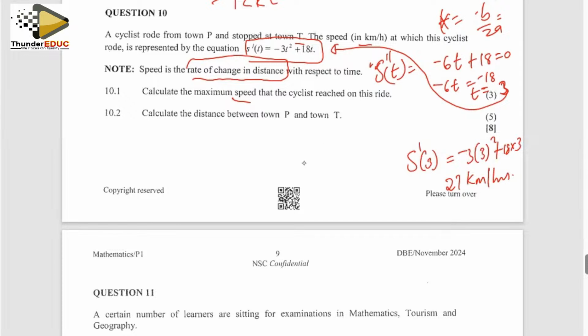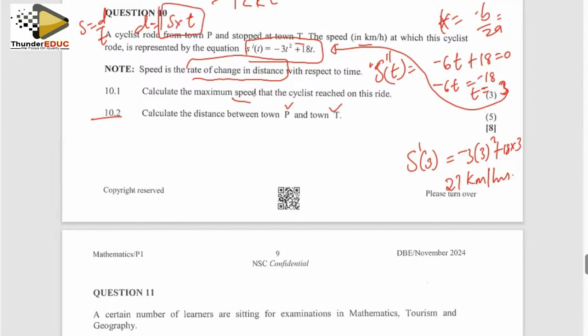All right, then 10.2, they want us to get the distance between P and T. There is a debate of how to get this. But what we can do, let's use the simple formula of speed is equal to distance over time. Now, since they want the distance, we shall get the speed times the time, which is like the average speed.